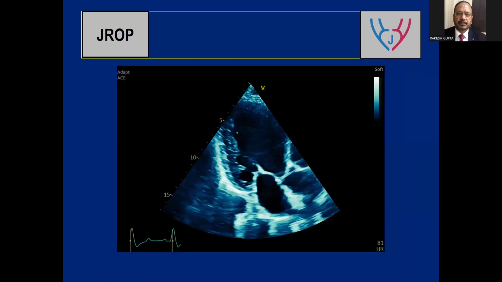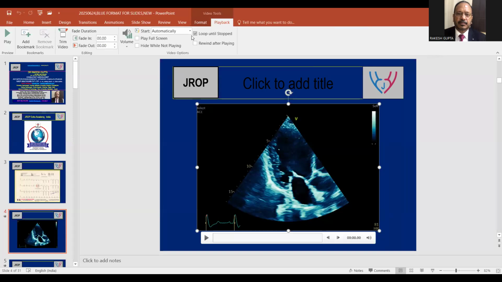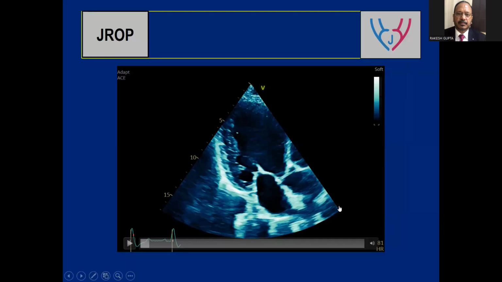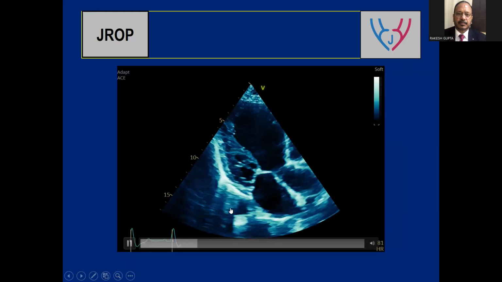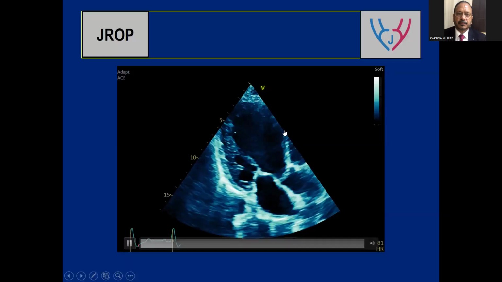Now look at these images very carefully. What you see in these images once they are playing: this part of the mid-anterior septum is not contracting.